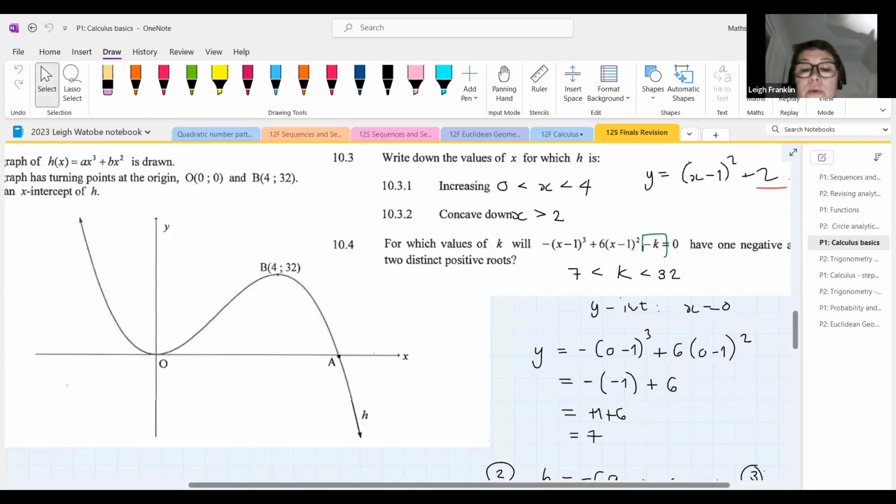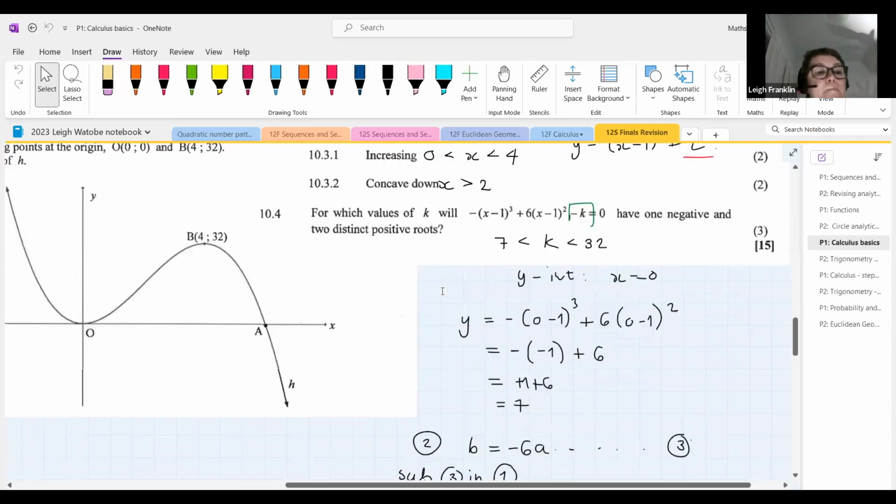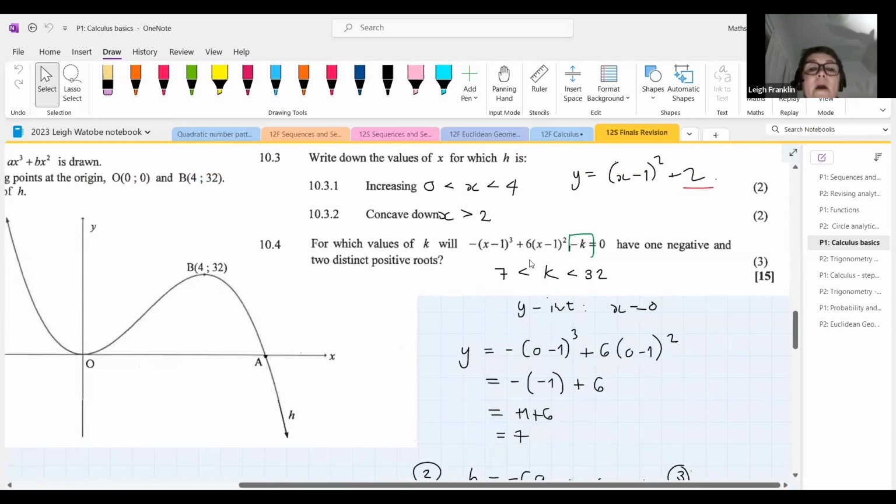All right. So in this particular question, where they said for which values of k will this minus k equals 0 have one negative and two distinct positive roots. Okay. What they are, first of all, implying by this question is that your cubic function has been shifted.